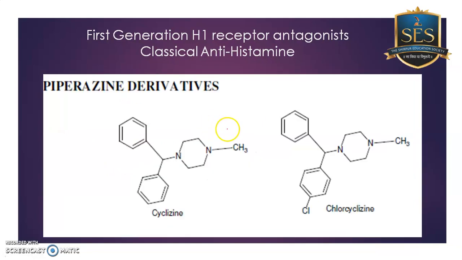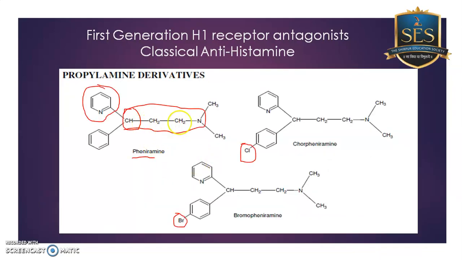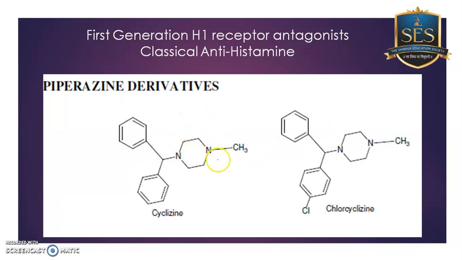Now we are seeing the piperazine derivatives. In all the previous compounds, the ethylene linkage was there. Here they cyclized the ethylene linkage, and that resulted in the formation of a new ring, called the piperazine ring. Here you can see this piperazine ring.